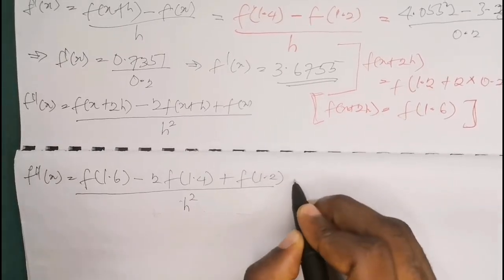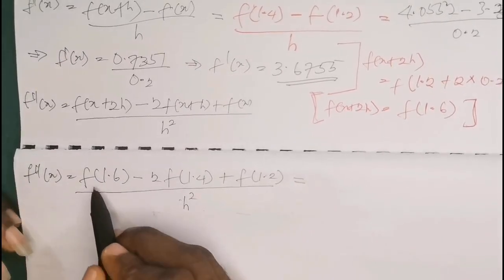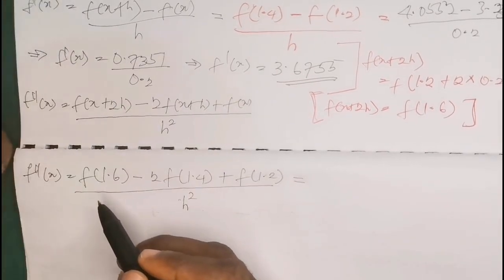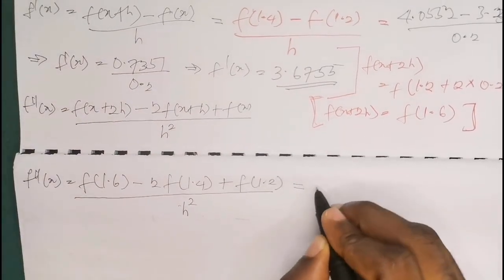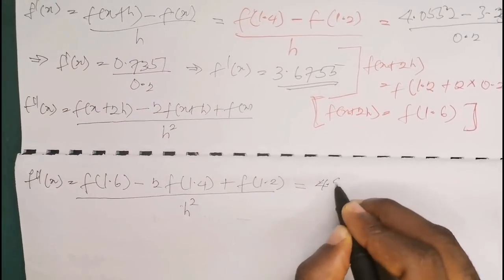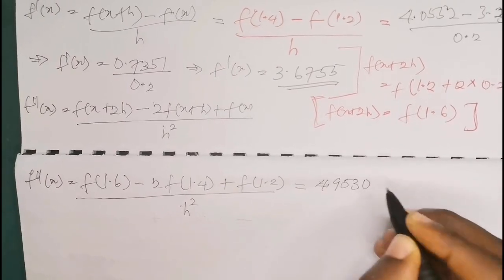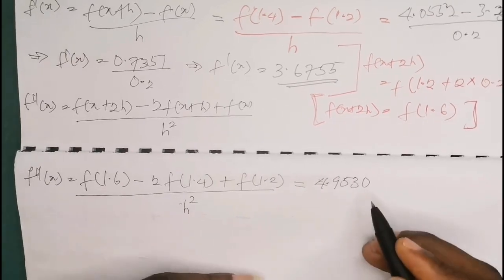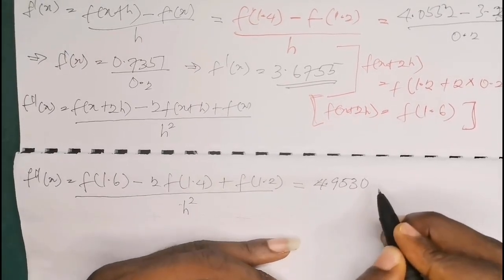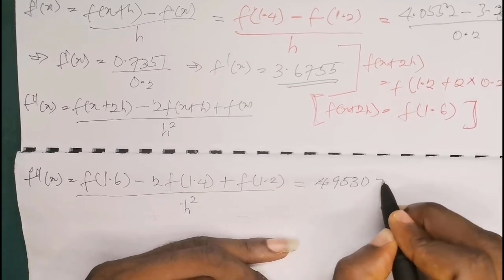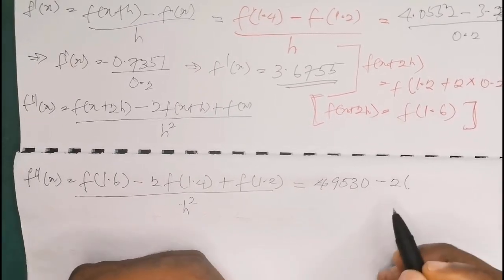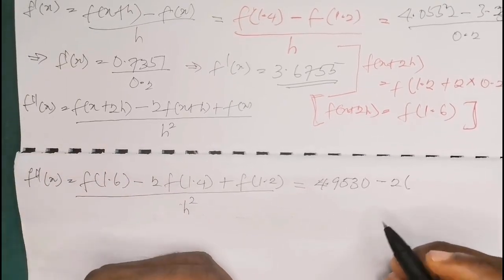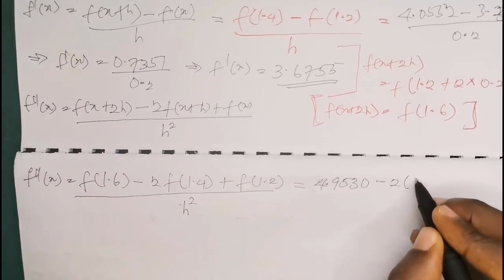So this is now equal to, we said f of 1.6 is 4.9530. So we have 4.9530. Now here is minus 2 times f of 1.4, so you have minus 2 times 4.0552, which f of 1.4 gave us.